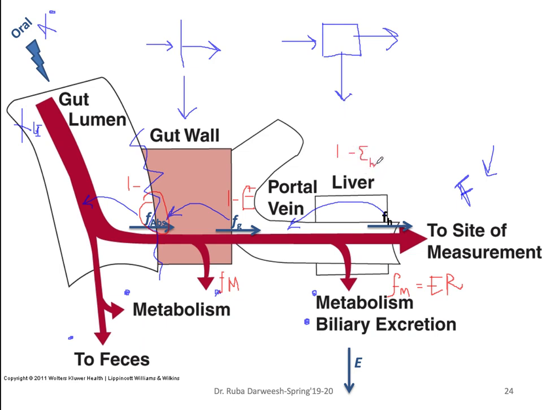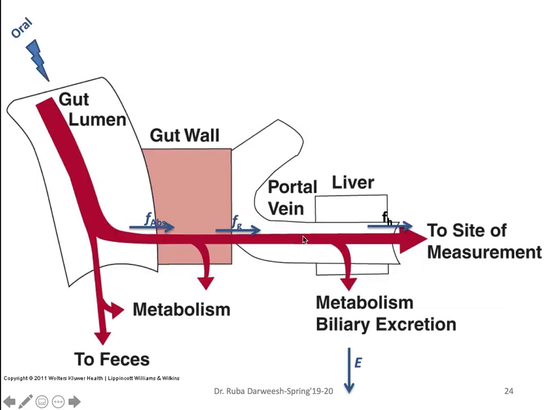So what am I saying here? It depends on what I give you. Let's clean the drawing. If I give you the fraction absorbed, again I don't want to talk about samples, the fraction that survived here, the fraction that survived here, and the fraction that survived here, right? So these are sequential fractions. I'm talking about the fraction of the drug that passes through each and every step.